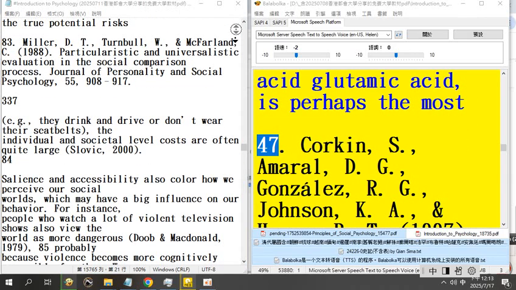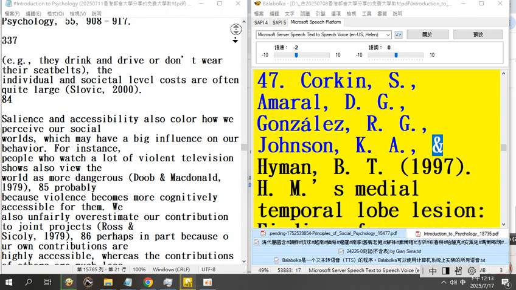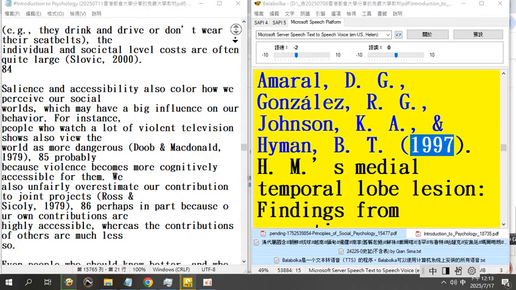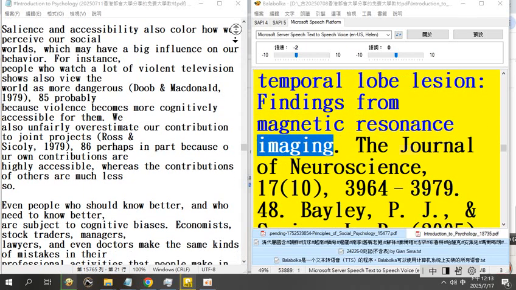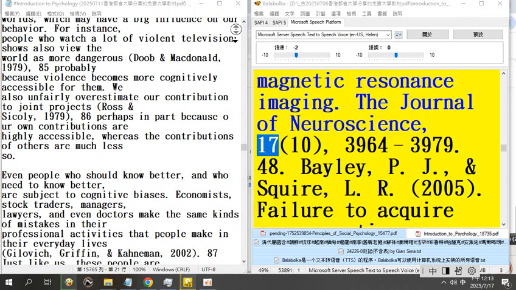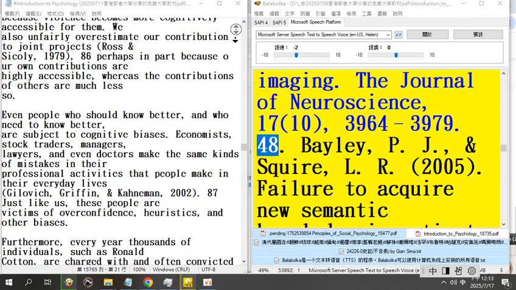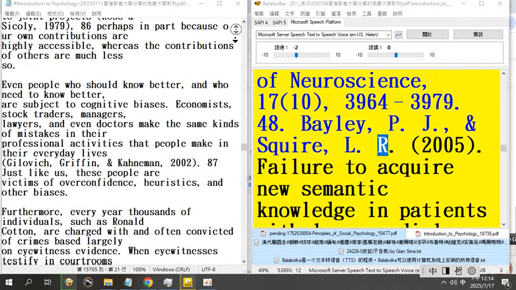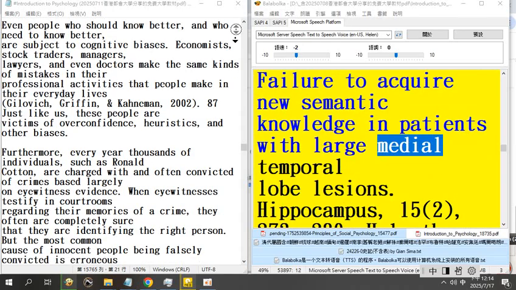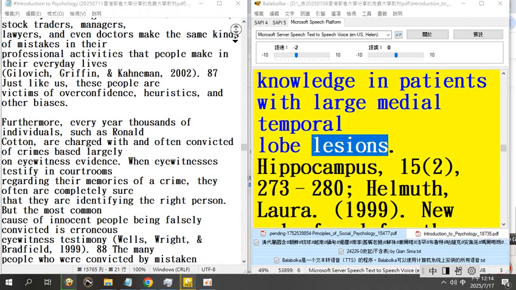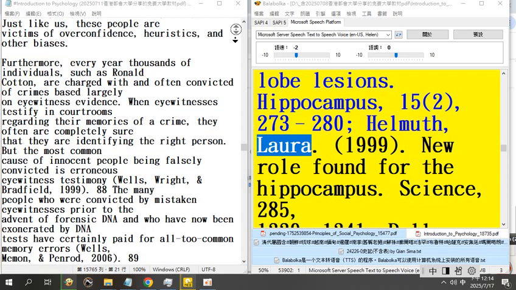47. Corkin, S., Amaral, D.G., Gonzalez, R.G., Johnson, K.A., and Hyman, B.T. 1997. H.M.'s medial temporal lobe lesion: Findings from magnetic resonance imaging. The Journal of Neuroscience, 17(10), 3964-3979. 48. Bailey, P.J., and Squire, L.R. 2005. Failure to acquire new semantic knowledge in patients with large medial temporal lobe lesions. Hippocampus, 15(2), 273-280. Helmuth, Laura. 1999.